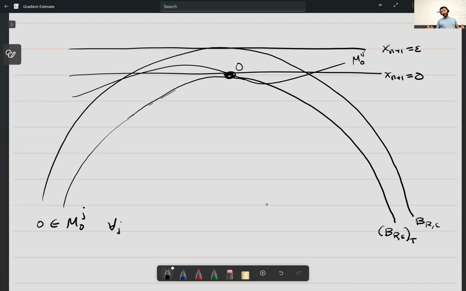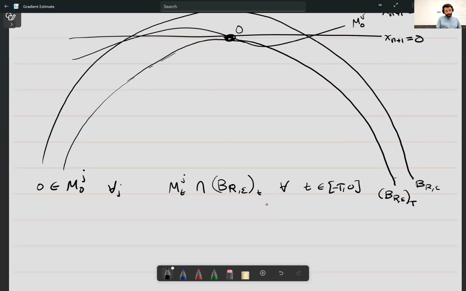So by the avoidance principle, M_tJ intersects B r epsilon t for all t in minus T comma 0, right? Because if that wasn't true, if M_tJ did not intersect B r epsilon t for some time in the past, then by the avoidance principle it would not intersect at any time in the future, and so this couldn't pass through 0 here.